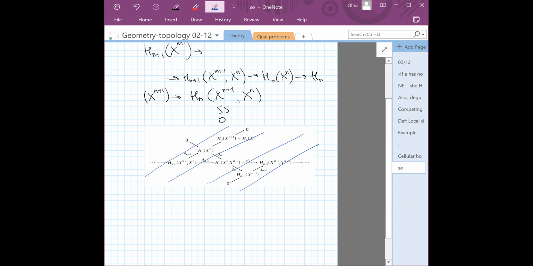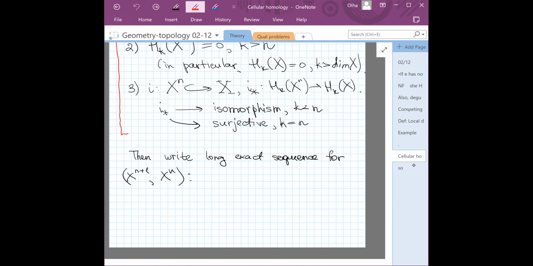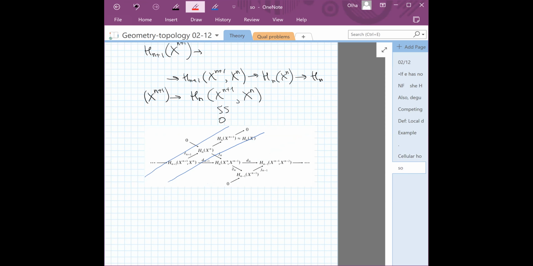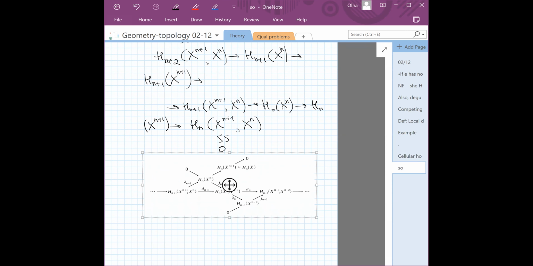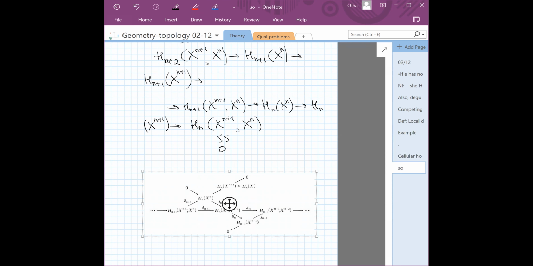And then also they're doing short exact sequences this way. Okay. Combine several.